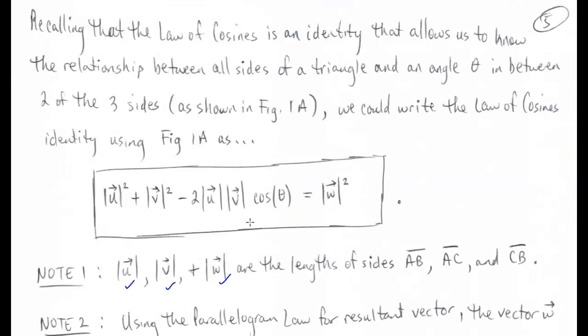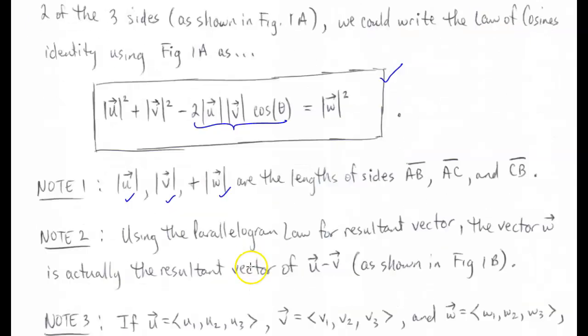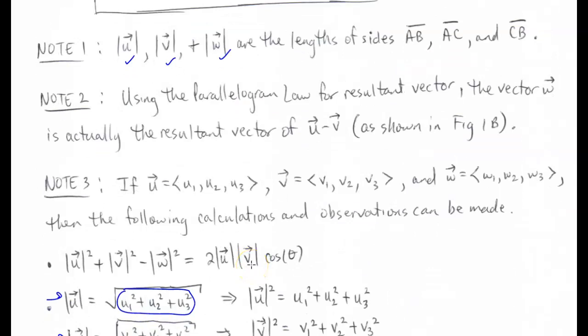This is what we originally came up with, the law of cosines, if we rewrote everything in terms of vector magnitudes. And if I rearrange this to solve for 2 times the magnitude of u times the magnitude of v cosine theta, then it ends up looking like what you see here.